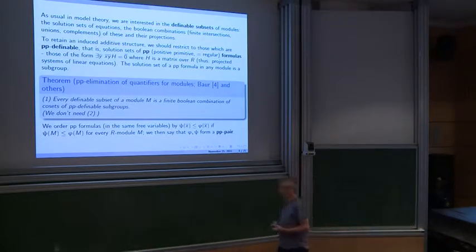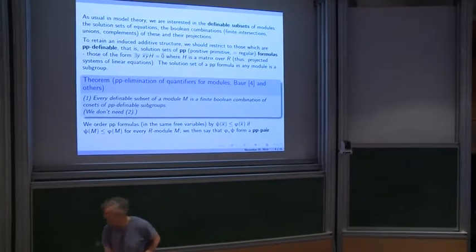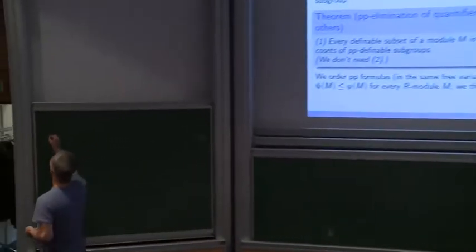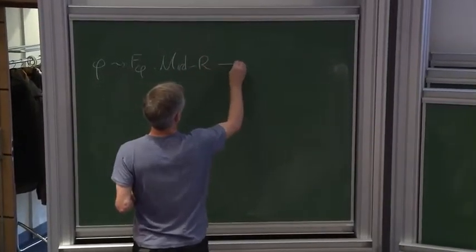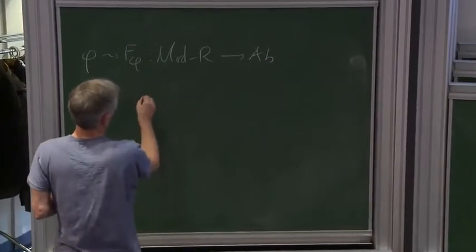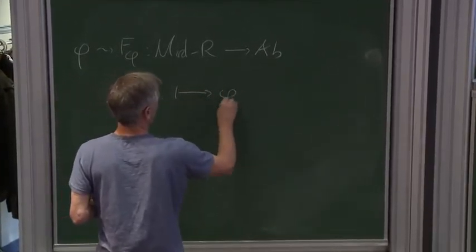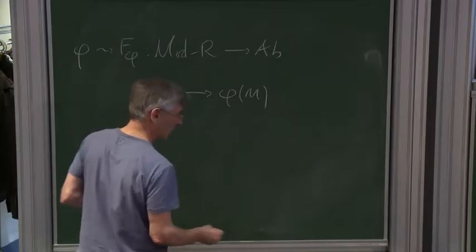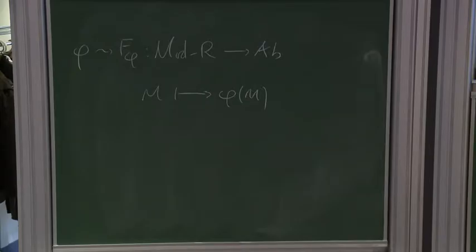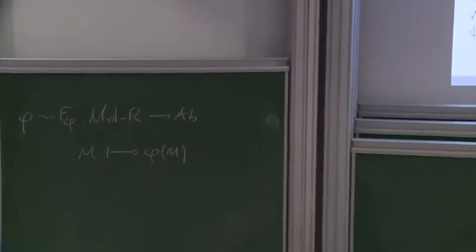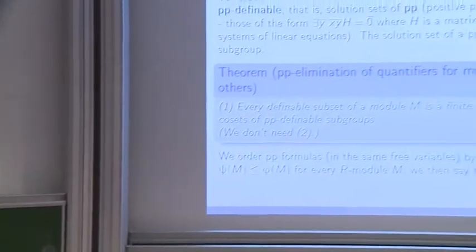You take a formula phi and define a corresponding functor from the category of modules to Ab, just taking the module to the solution set in that module of that formula. And because the formula is PP, the solution sets are preserved by morphisms, so it is a functor.